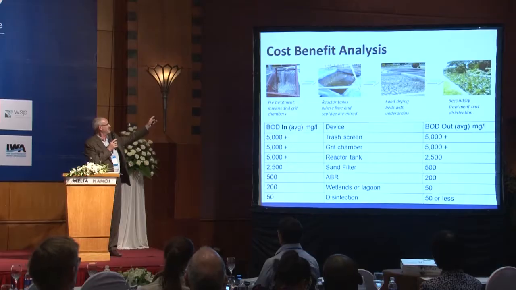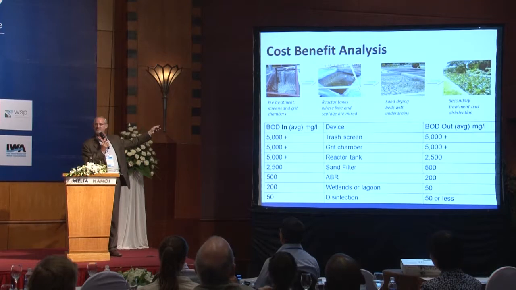So we have pre-treatment screening for this sludge that comes in. We've got the reactor tanks, we've got sand drying beds, and then secondary treatment through something like a constructed wetland cell or even a sewage lagoon. And these will be undertaken in the 14 communities where we're working.